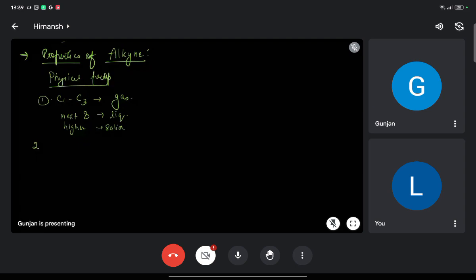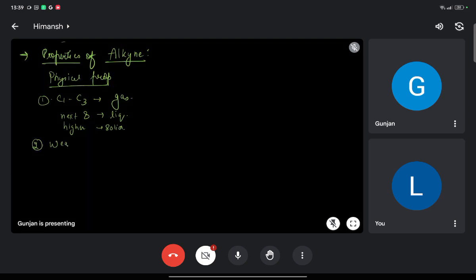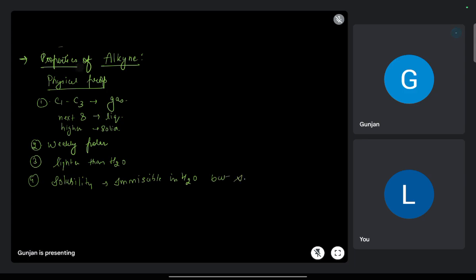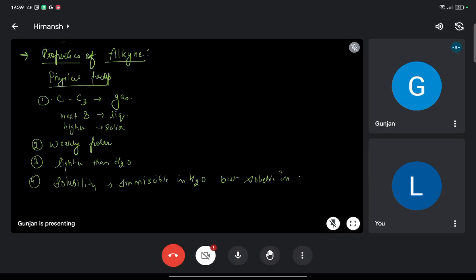They are weakly polar in nature because of the triple bond, and lighter than water. Solubility: immiscible in water because they are hydrocarbons, but soluble in organic solvents.